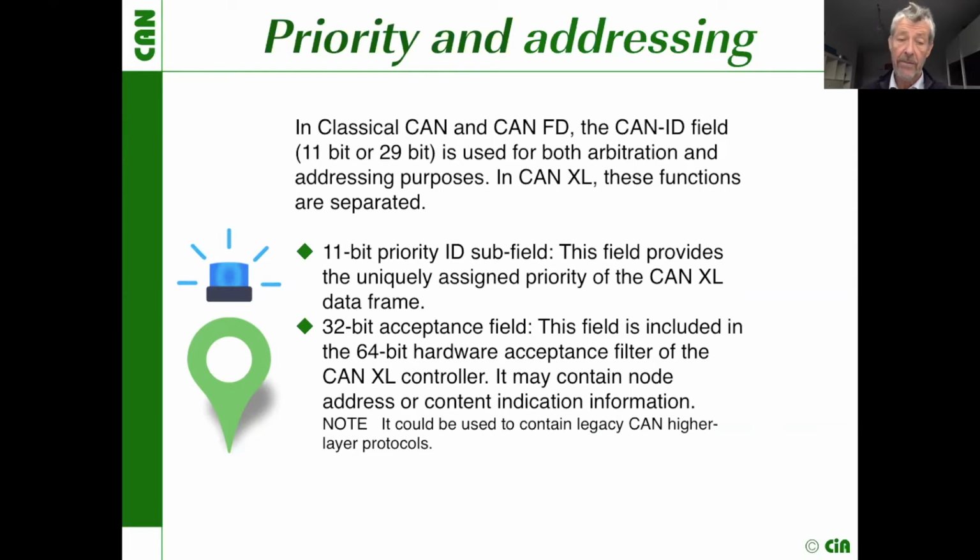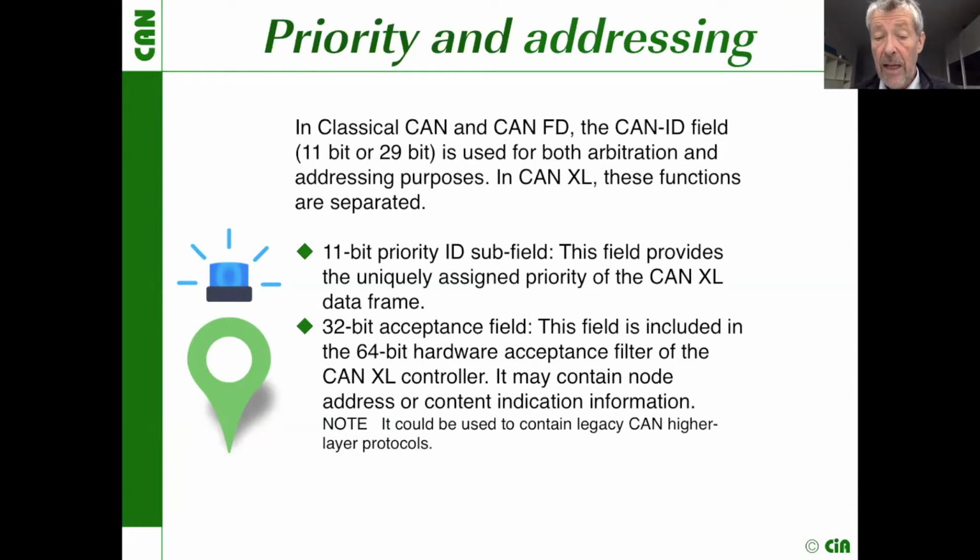In addition, you have a 32-bit acceptance field, and this field is included in the 64-bit hardware acceptance field of the CAN XL controller. So it's very easy and very quick to decide, oh, this frame is for me or it's not for me. And it may contain node addressing information, as you know it from CANopen, that you have the node ID there, and/or it indicates the content, if it's a PDO or it is something else.